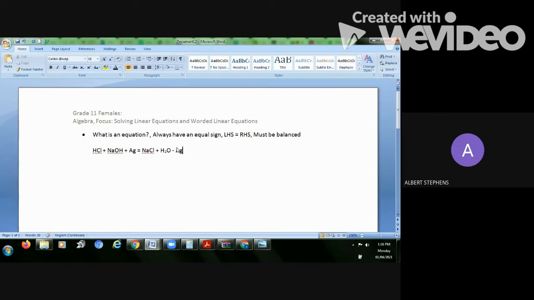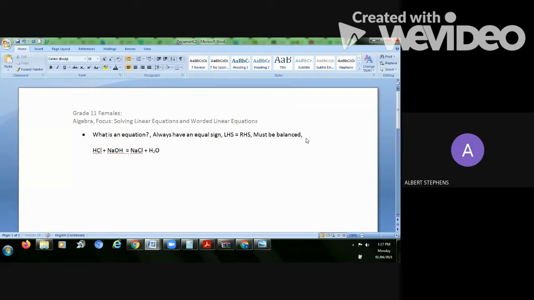Silver on the right-hand side, don't you? All right, so this would make it balanced. Or if you add it on the left-hand side, you have to add it on the what? The right-hand side. All right, so that will make it balanced. So that's basically what equations are all about.